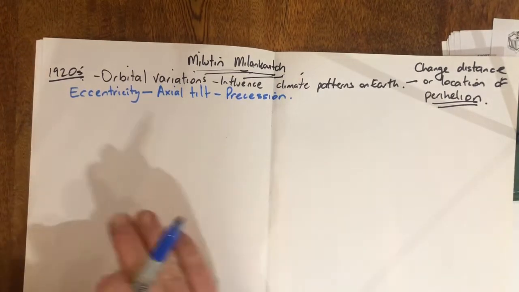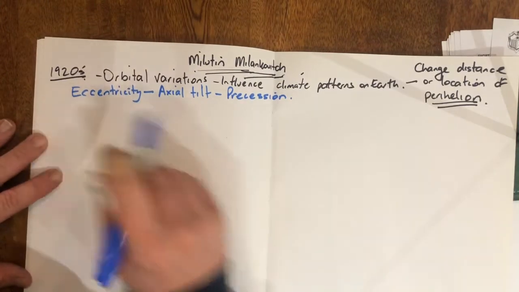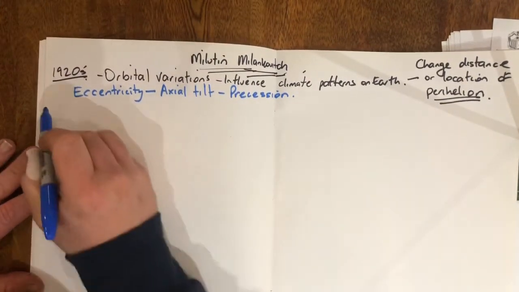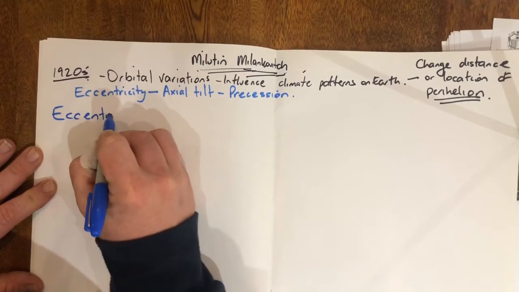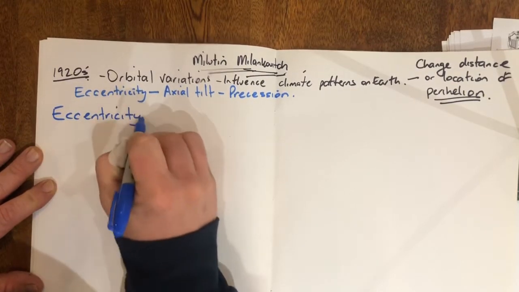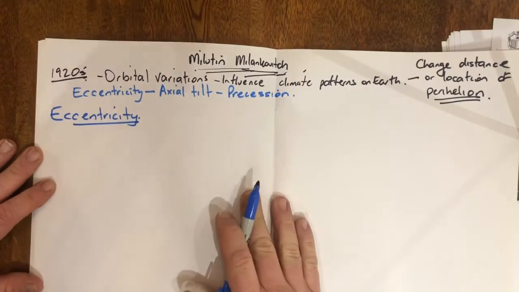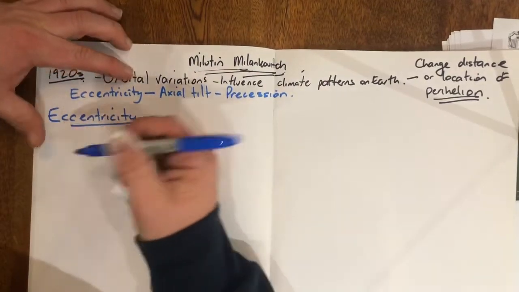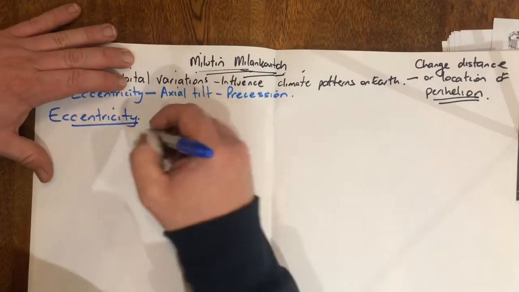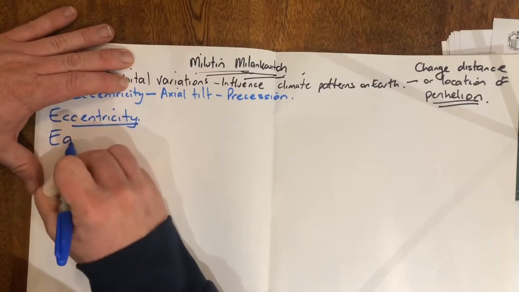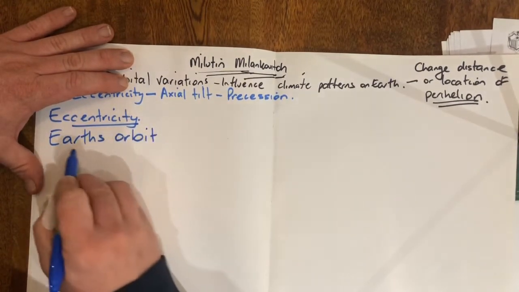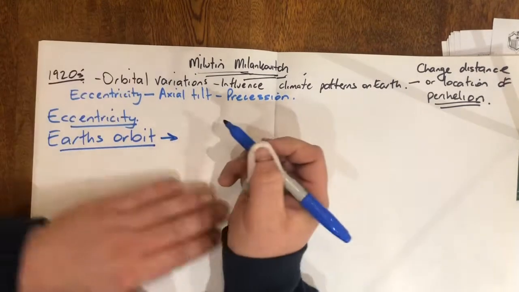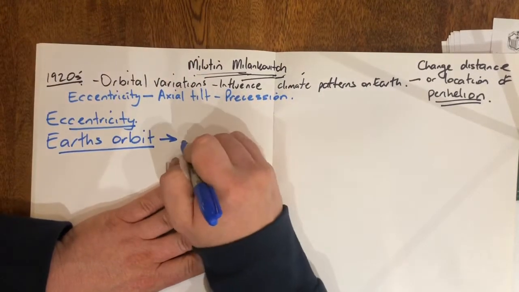So we'll start with eccentricity. Okay, so this is all about the Earth's orbit around the sun. Generally, the Earth's orbit is fairly round.